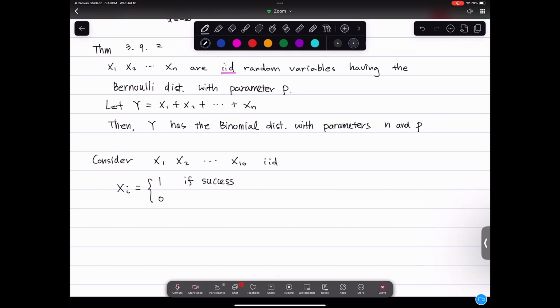And failure is 0. The probability of X equals 1 is small p, and the probability of X equals 0, the failure probability, is 1 minus p, for all i from 1 through n. IID means they all have the same distribution.